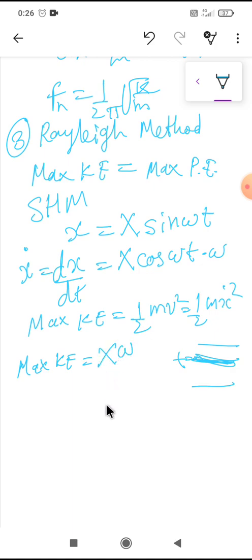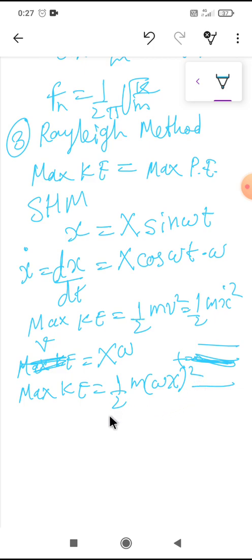This is the value of velocity. So the maximum kinetic energy would be 1 half m into velocity square, that is omega X square.